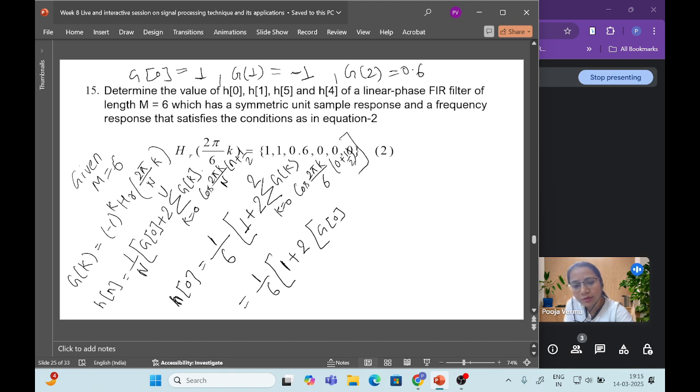So it will be G0 cos 0 plus G1 cos 2 pi by 6 into 1 by 2.